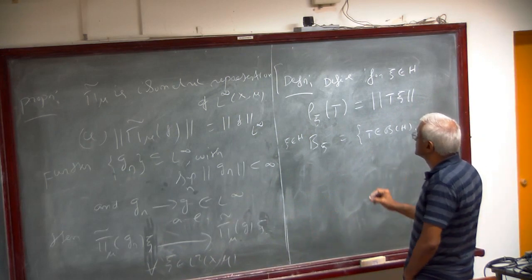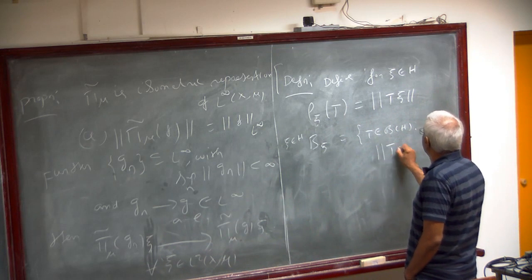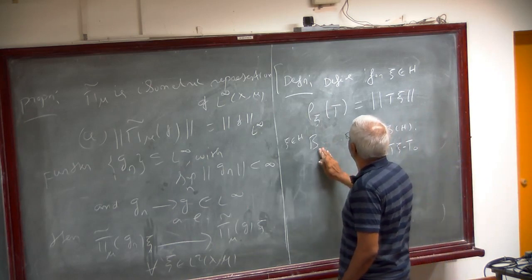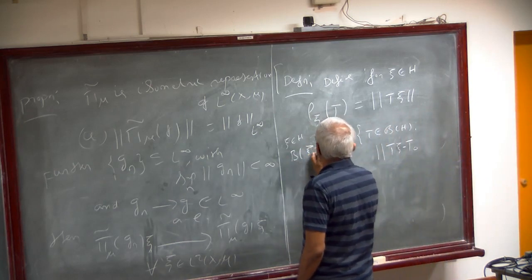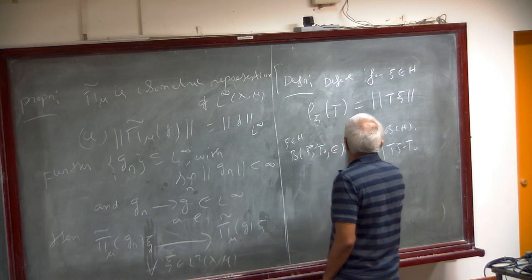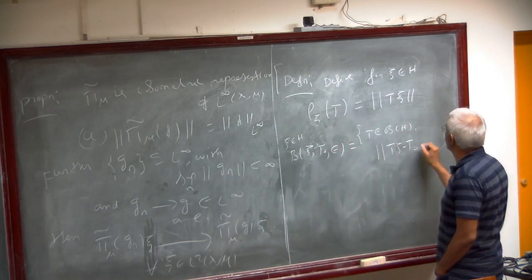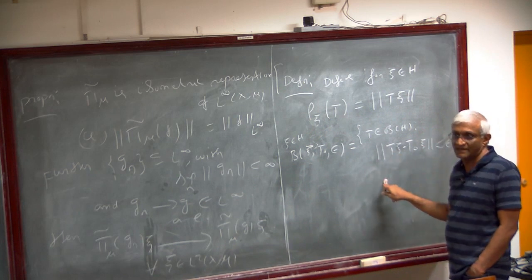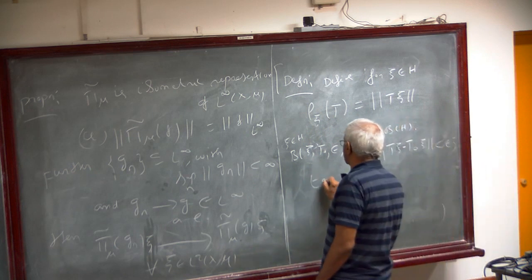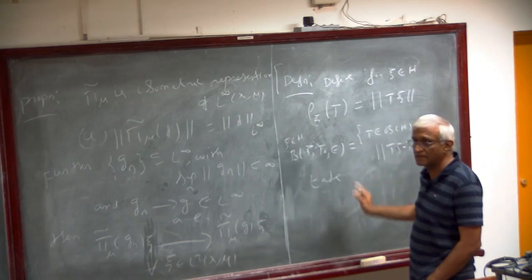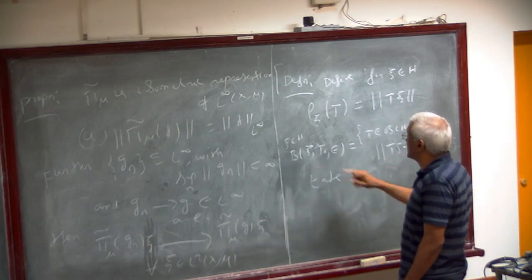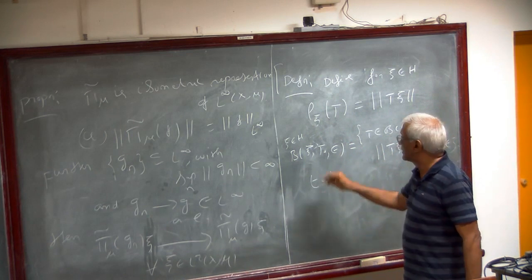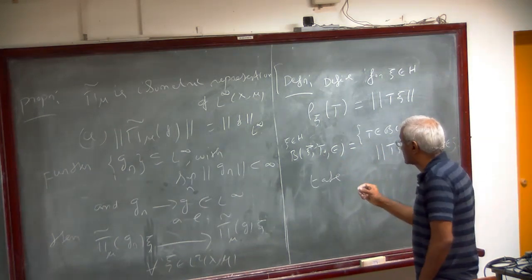Take T in B of H such that the norm of (T minus some T naught) xi naught is less than epsilon. Consider this set. Take finite intersections with different xi naught and different T naught. Maybe this xi naught can be the same, and maybe even epsilon, but you have to use different T naught. I'm not sure.